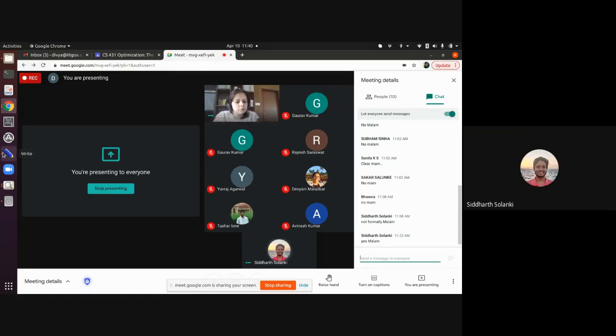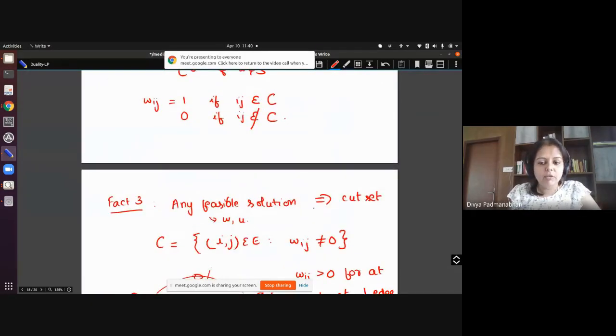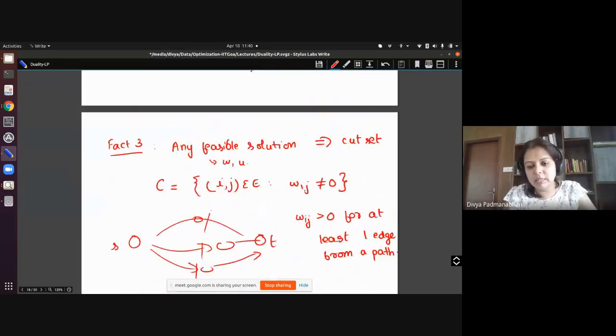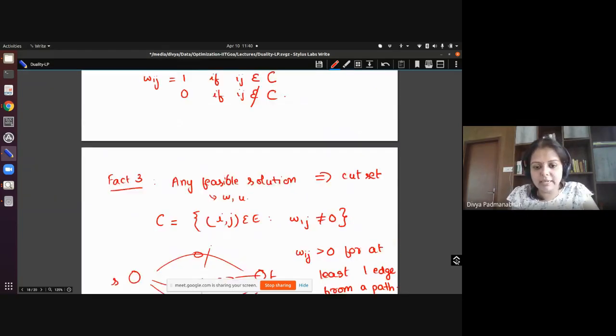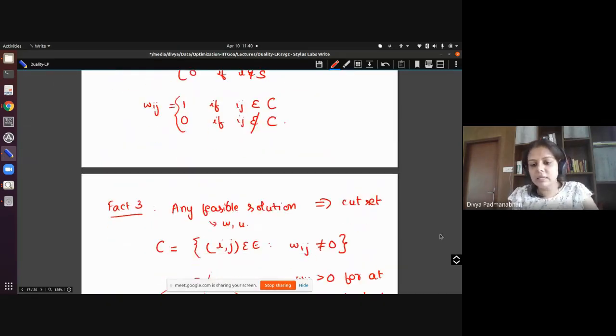Okay, so what we have here is that any feasible solution you take is going to give you some cut set. We consider the cut as all these wij's which are not 0. Here we looked at wij being 1 or 0, but there is an interpretation of the cut that you're getting here.